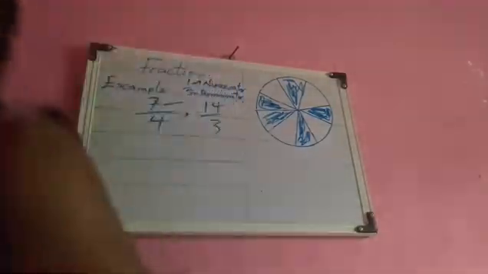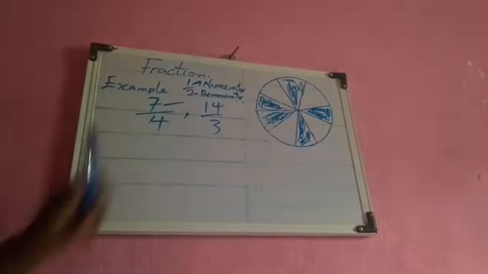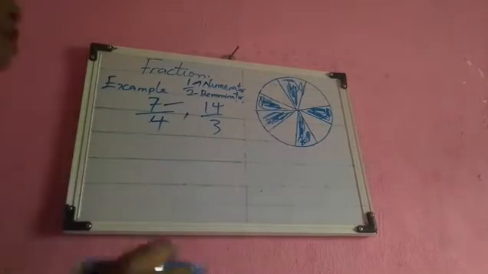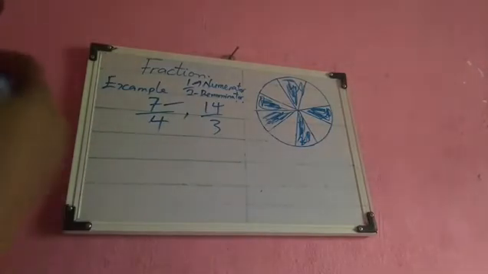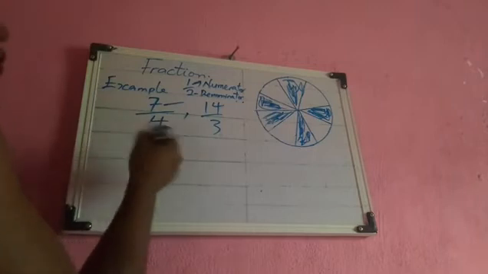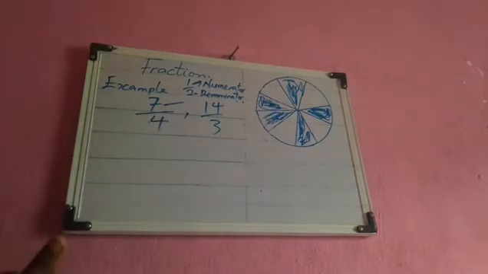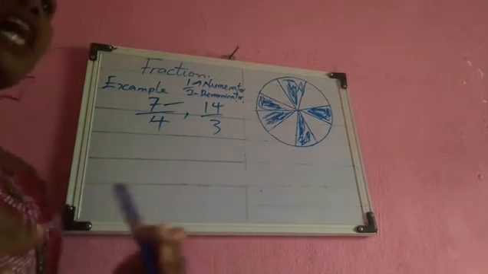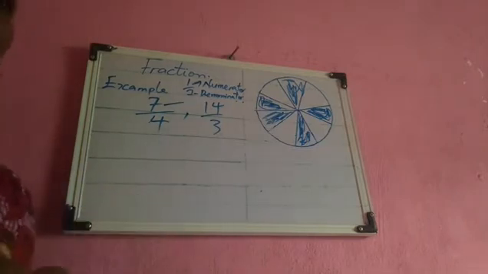Alright, so an improper fraction example has been given. An improper fraction can also lead to a mixed number. So let's quickly divide now. Let's convert this to mixed numbers. Whenever you're dealing with an improper fraction, have it at the back of your mind that you're going to divide.